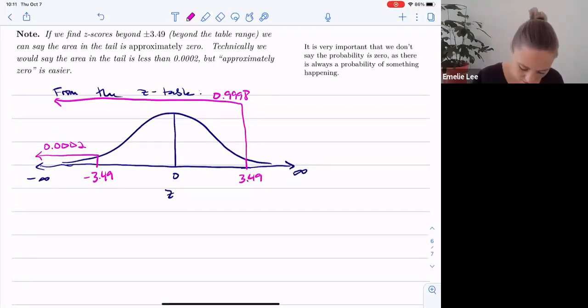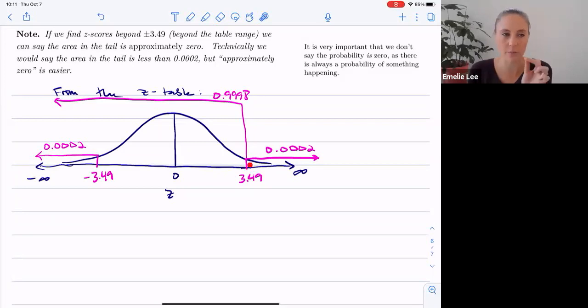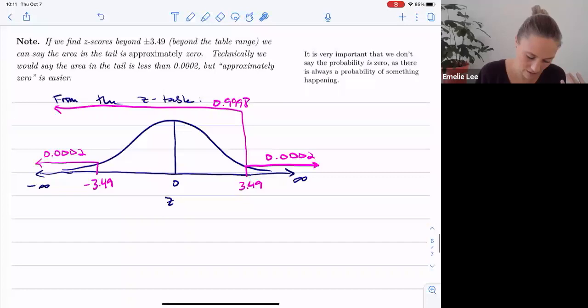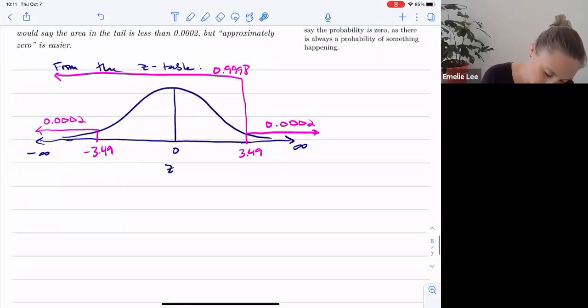Usually the probability of having a Z-score that's larger than 3.49 is 0.0002, very, very small. Technically, we would say that the area in the tail is less than 0.0002, right? But approximately 0 is fine as well. Okay, so what we can say is that this is less than 0.0002 or approximately 0.